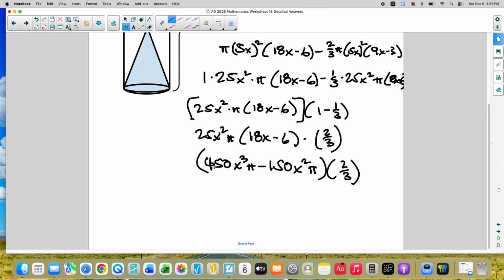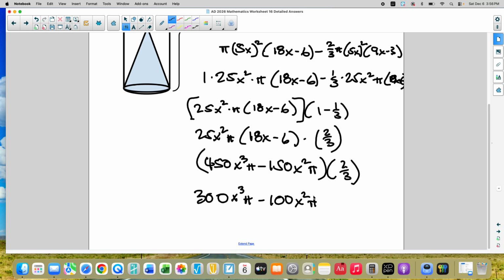So that's going to be 3 goes into that, 150x cubed, and then double, sorry. Let's do that. That's going to be 300x cubed pi minus, that goes in 50 times, and double it is 100x squared pi.